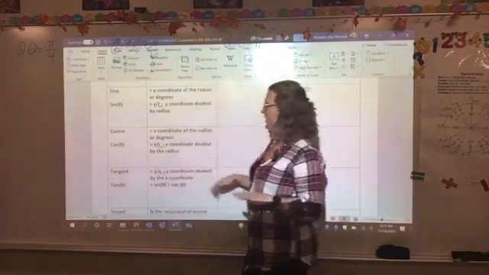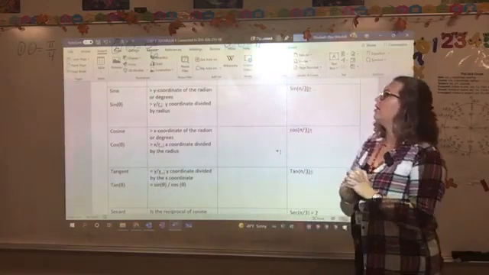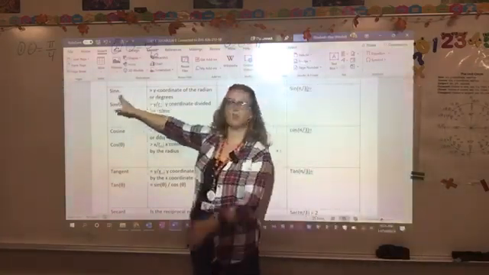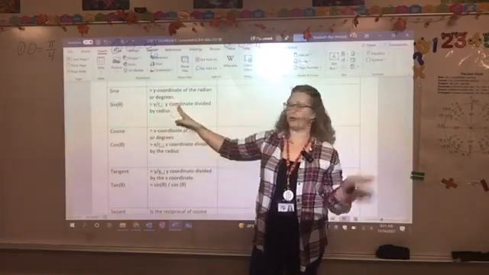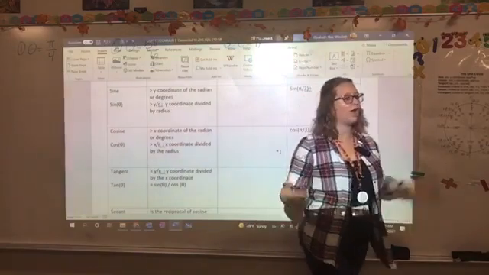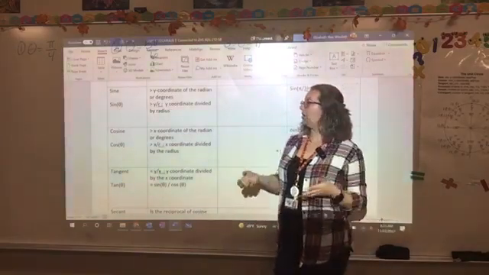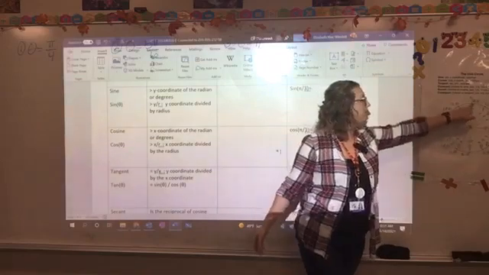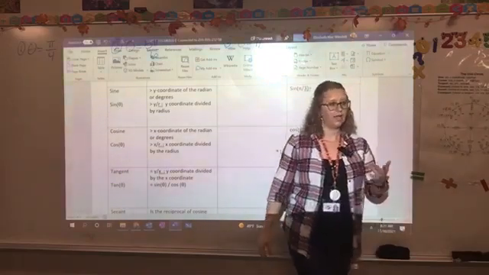Good. Now that we got that out of the way, let's talk about what it is. Y coordinates for sine. Sine is whatever the y coordinate is at your radians or degrees. Whatever the y coordinate is on the circle, that's sine. So sine of pi halves would be 1. That's the y coordinate.